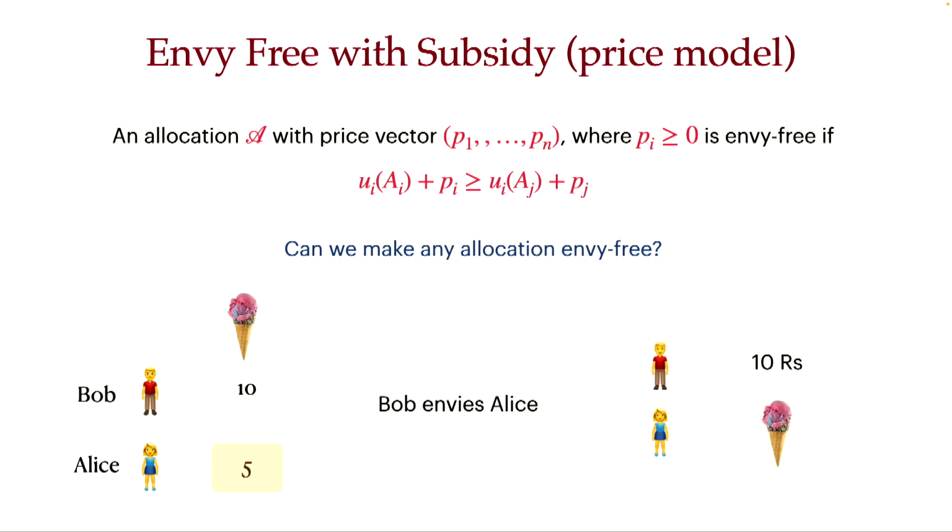Let us give 10 rupees to Bob. Is it NV free? Exactly. Now Alice envies Bob, because it's price and price. Exactly.